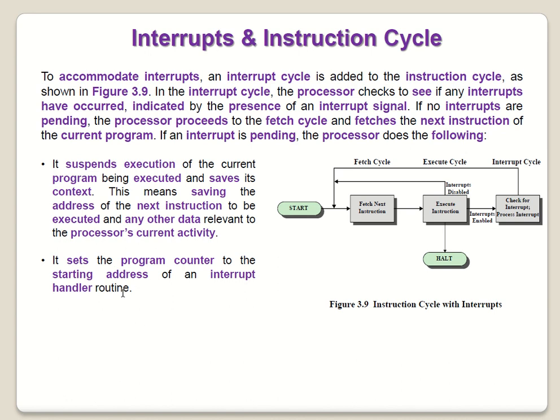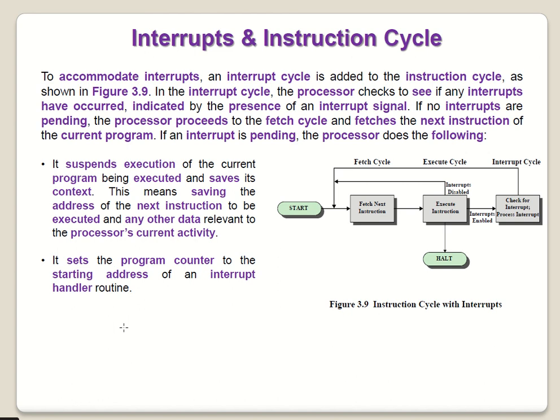Now, after saving the context, it needs to go to the handler. I told you in the previous classes, when the CPU is executing the instruction, the PC has the address of the instruction to be executed next. So the program counter needs to have the starting address of the interrupt service routine, that is the interrupt handler.